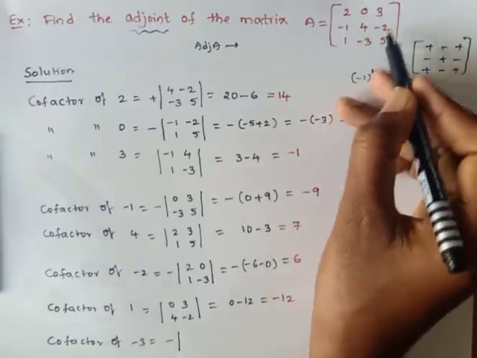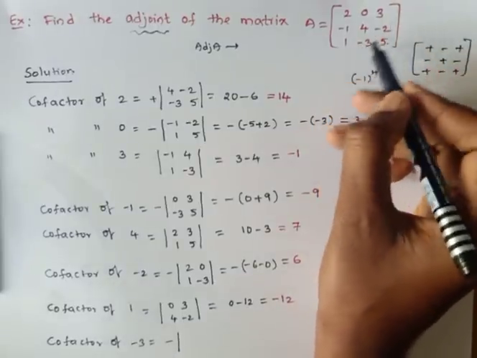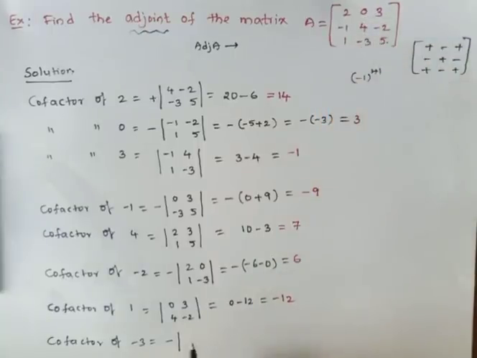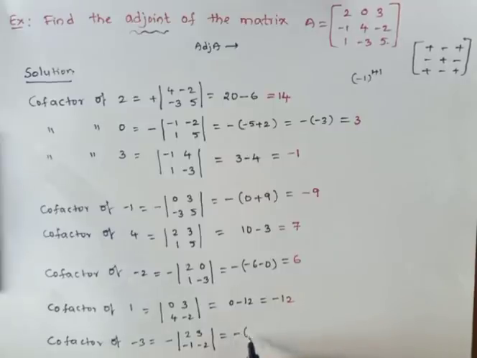By deleting this row and this column, we get 2, 3, -1, -2. This is minus of 2 times -2, which is -4, minus of -1 times 3, so it is plus 3. Now -4 plus 3 is -1, minus of -1 is plus 1.